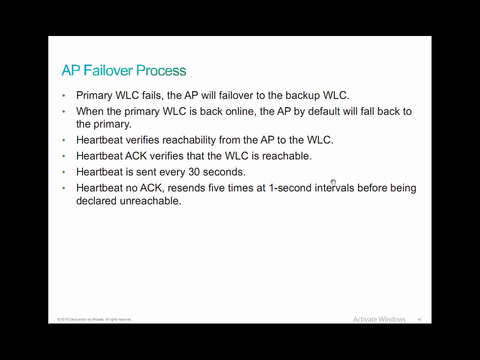So it's kind of like a panic mode, right? Oh no, I lost a heartbeat. Okay, I'm just going to start blowing up your phone, I guess you could call it. So we do that five times, every 1 second. If no acknowledgement is received after the 5th retry, then the AP declares that the controller is unreachable. It's going to go ahead and search for a new controller.